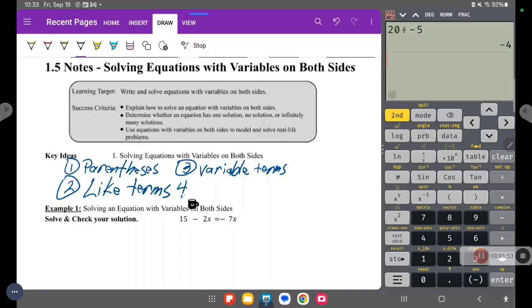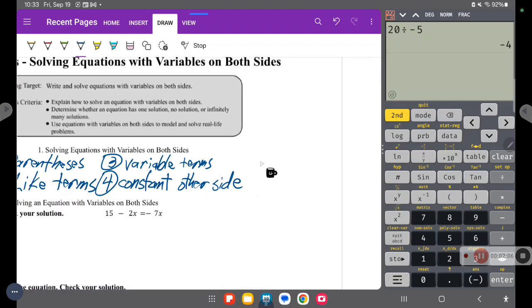Number four was to get the constant terms to the other side. And then the last one was to divide, or sometimes multiply.